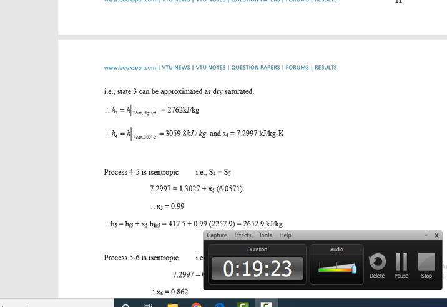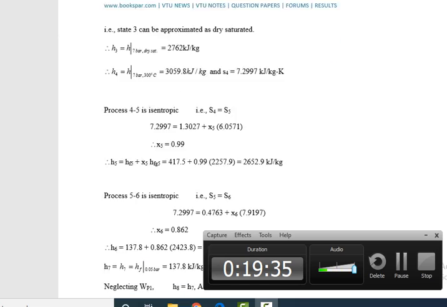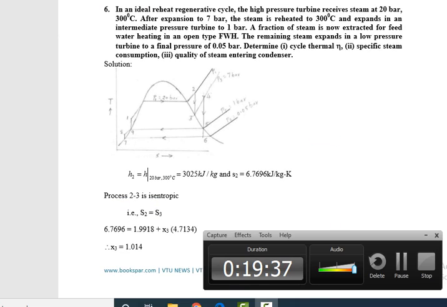You get from the steam table 3059.8 kJ per kg, and entropy S4 equal to 7.22997 kJ per kg K. Then go to process 4 to 5. What is happening in this case? 4 to 5 is again a line perpendicular to the entropy axis.